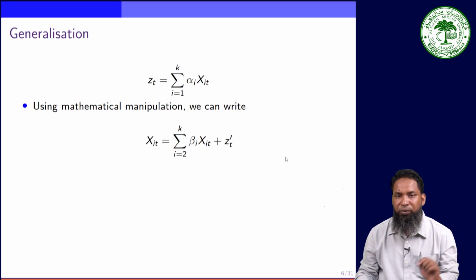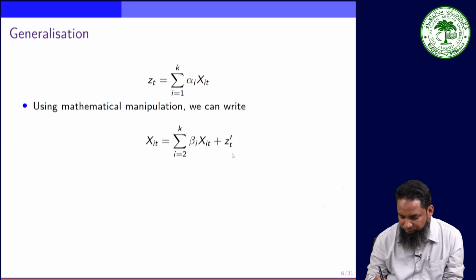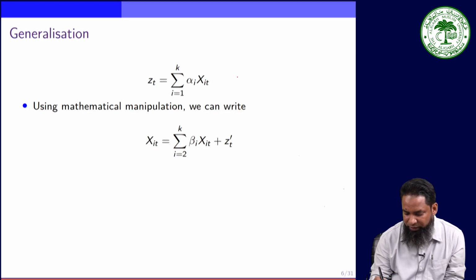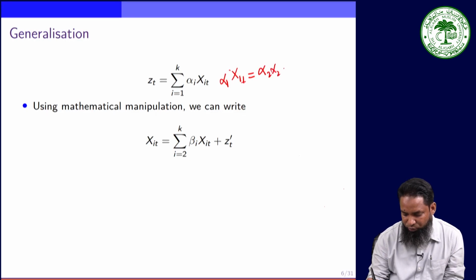So the mathematical manipulation we have done here, we can write this equation as x1t is equal to alpha 2 x2t plus, similarly we can go up to alpha k xkt.